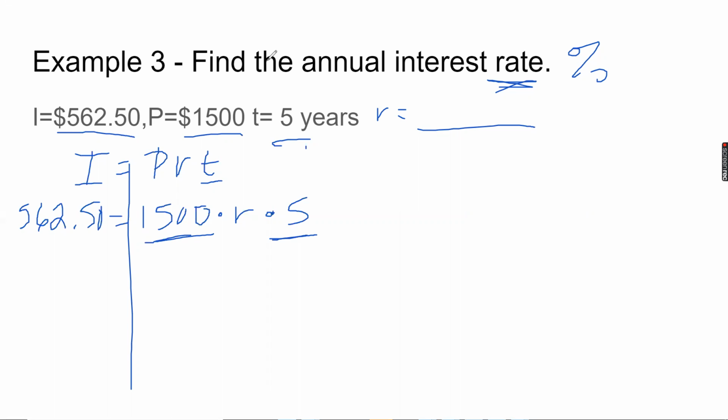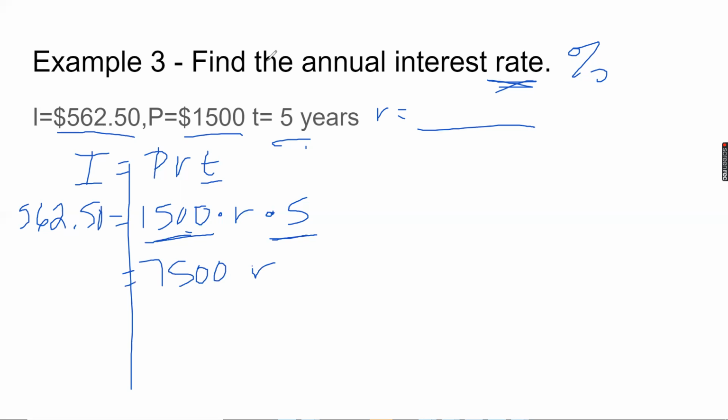Hint, hint, that 1,500 and the 5. Everything is being multiplied. With multiplication, we can multiply in any order. So in my calculator, I'm going to type 1,500 times 5. And that gives me 7,500. So I multiplied these two, but I'm still left with my R over here.